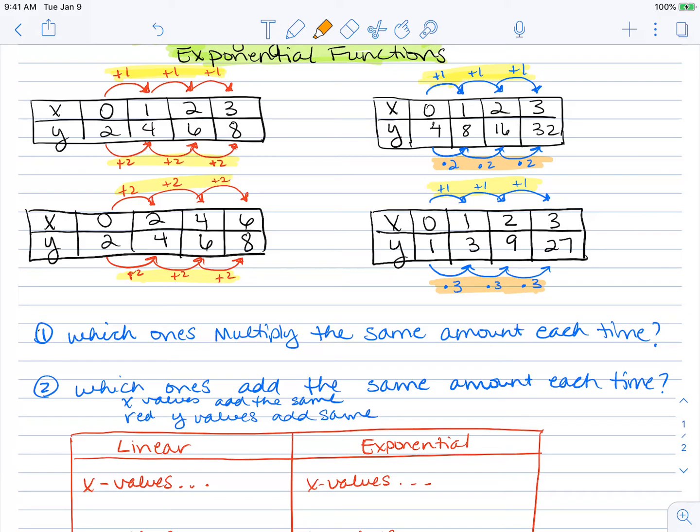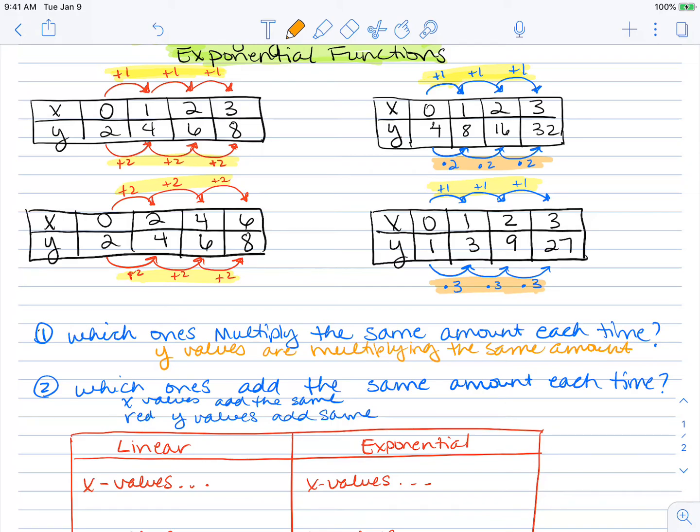So even though the x terms are adding, the y ones are not. So I'm going to put that in here because I think that's important. So I'm going to say, well, the y values that are multiplying, right? So they're multiplying the same amount each time.